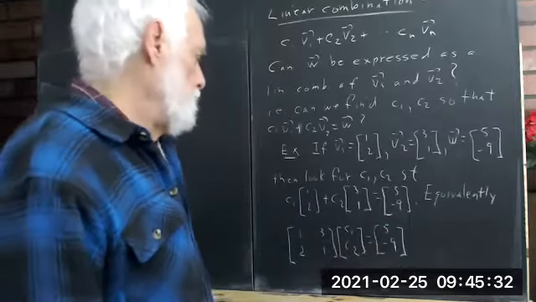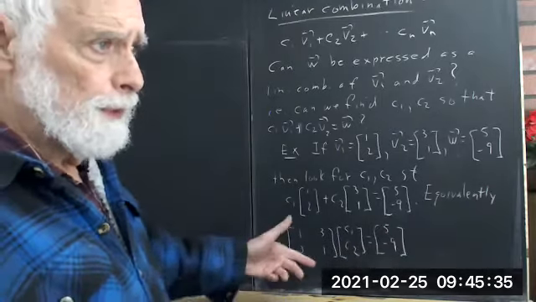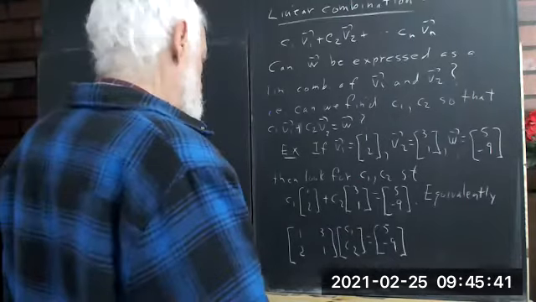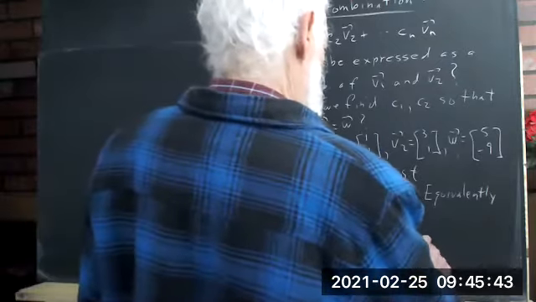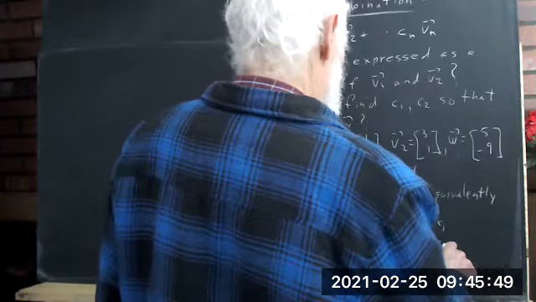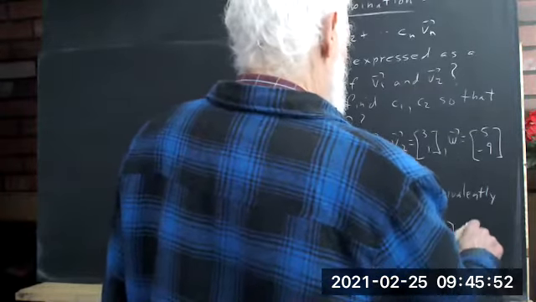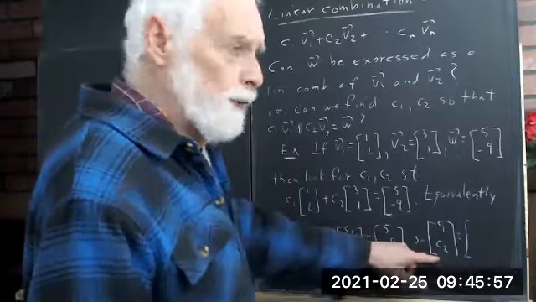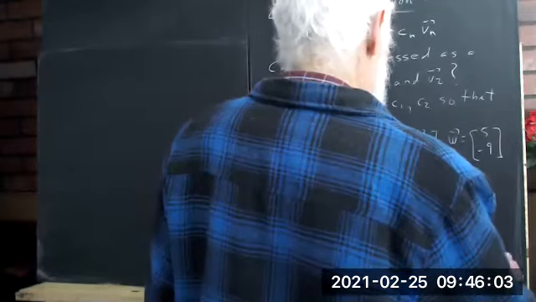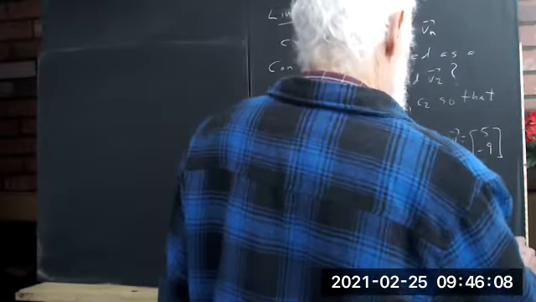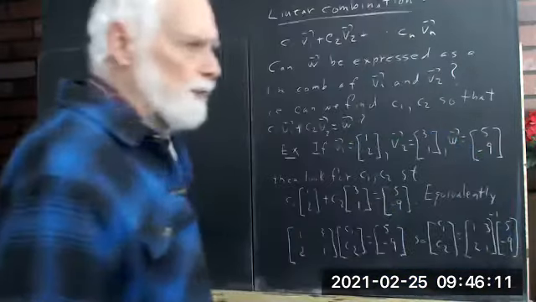Here's our equation. And this equation can be solved by inverting the matrix. I'm going to try to write it down here. I didn't leave myself a lot of room. But I think I can get it in here. Okay, C1, C2 then equals the inverse of this matrix times 5, -9.